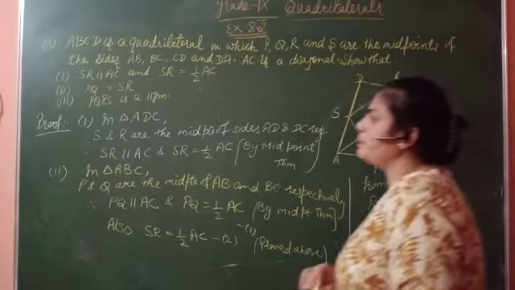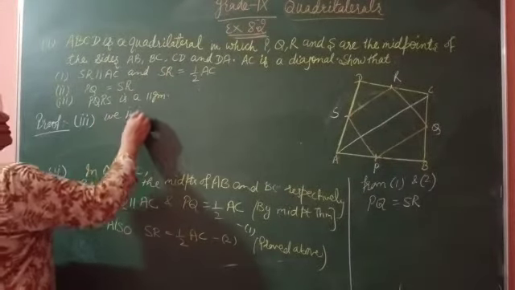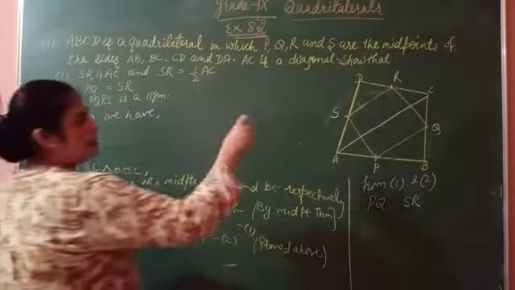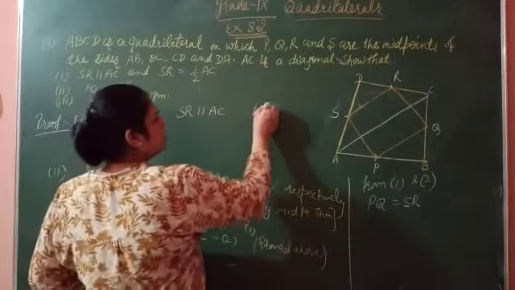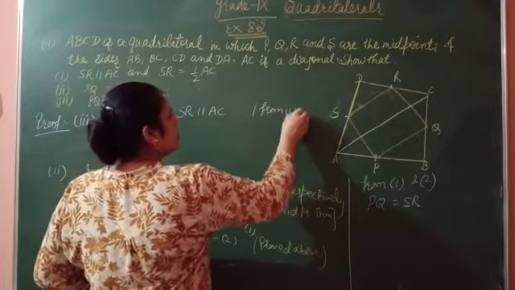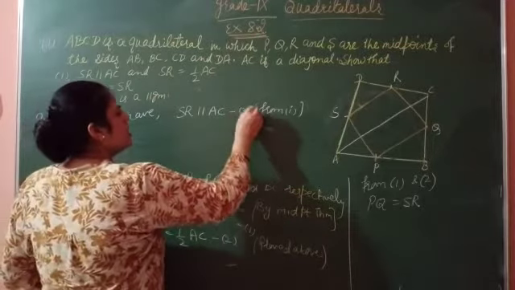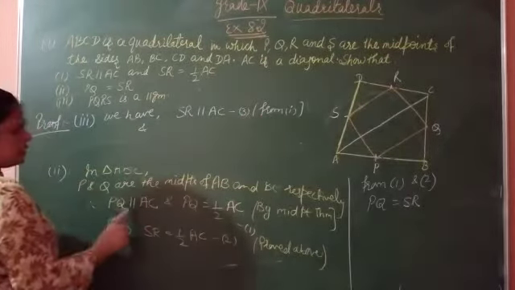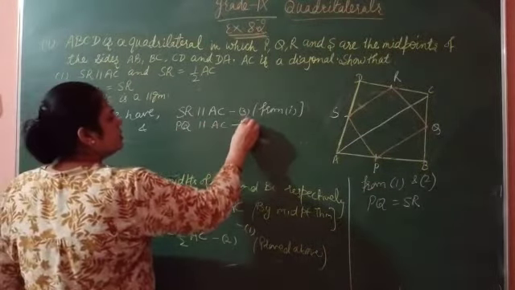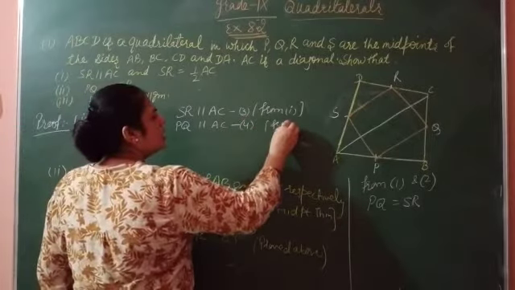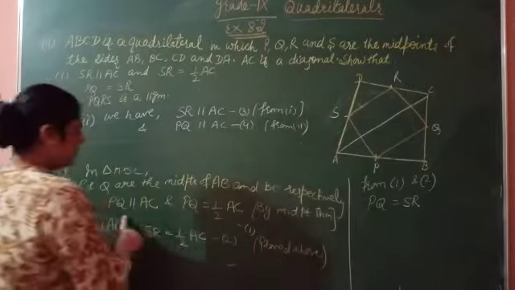So now we start our third part. In the third part we have SR parallel to AC, from the first part. We name it as 3. And PQ is also parallel to AC, we name it as 4, from the second part, where we proved that these are parallel.